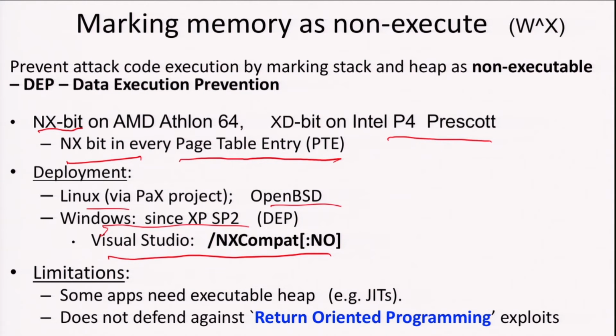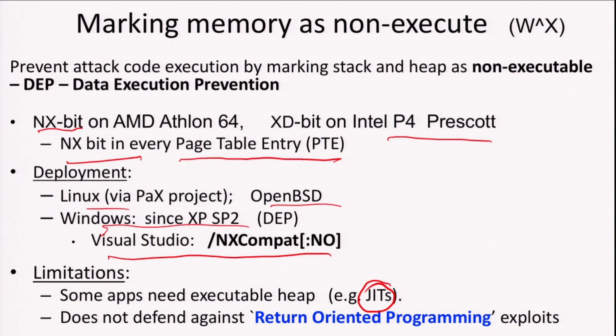Now this doesn't always work. The reason why it doesn't always work is sometimes, for example, the heap cannot be made non-executable. In case of systems that use just-in-time compilers, or JITs, they need the code to be generated as the program executes, and therefore the heap has to be executable. So you cannot do that.